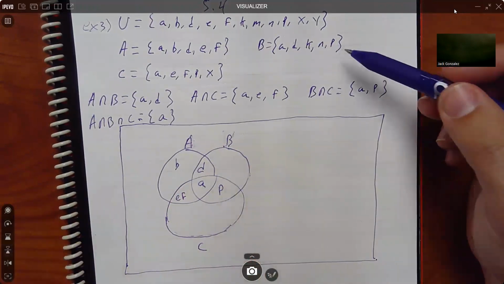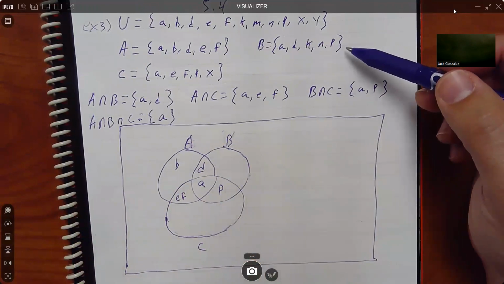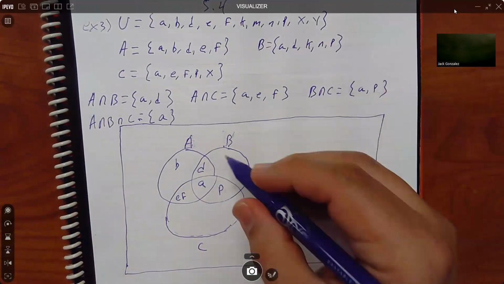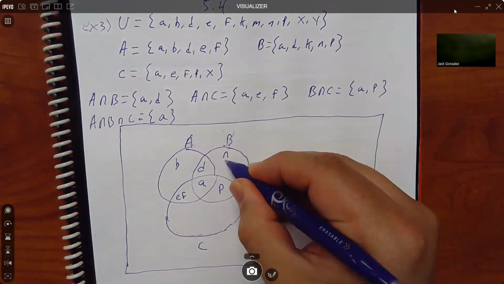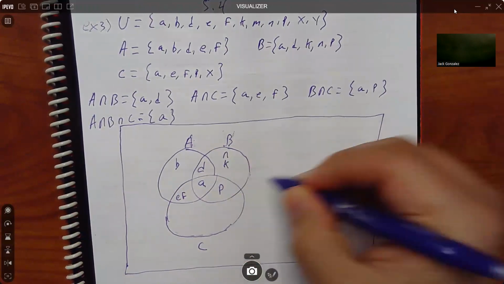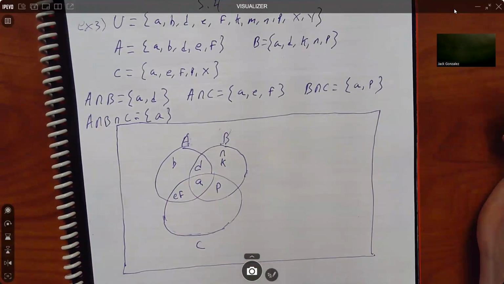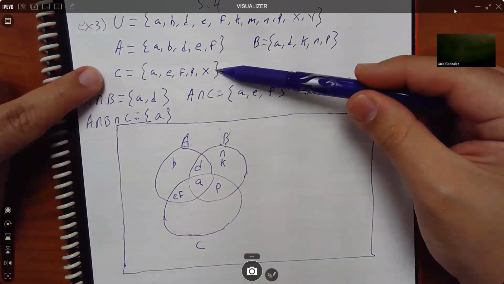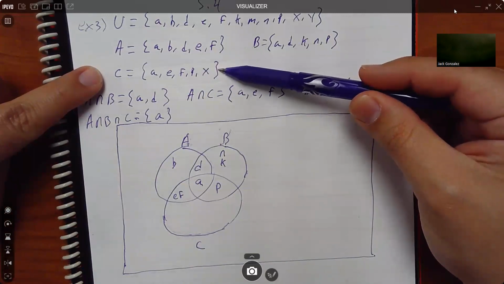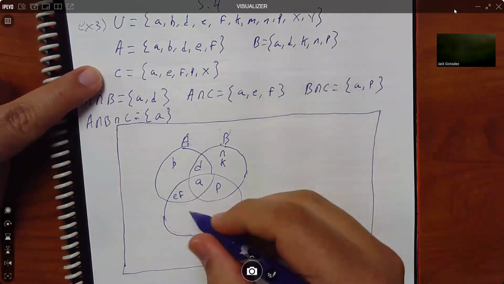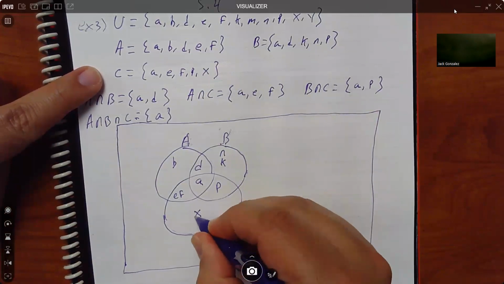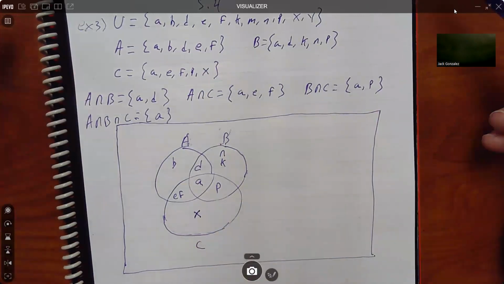Okay, so what's inside B, but not anything else? And K. Okay. Now what's inside C but nothing else? Just the X, right? Okay, so now we have all three circles done.